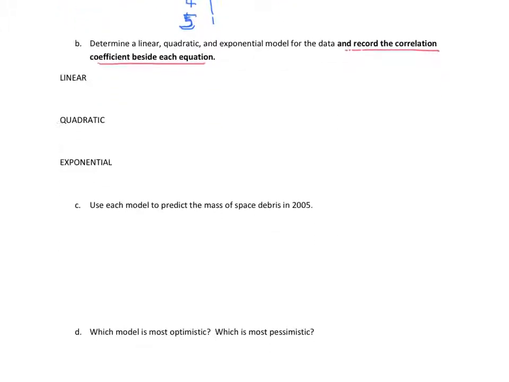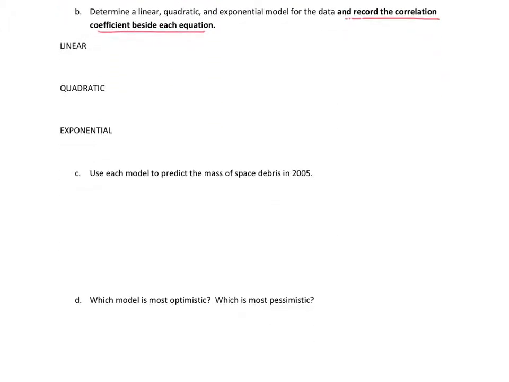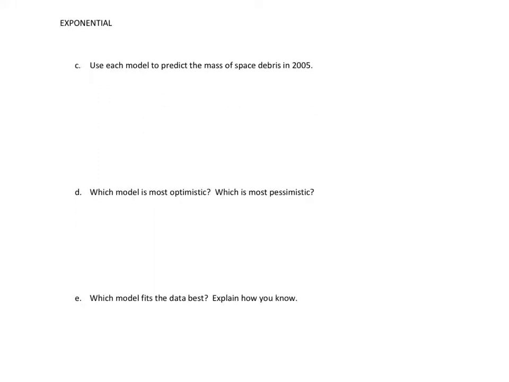Okay, once you have the equations, you are asked to answer 3 questions that follow, using the model. So using each model means use the equation. Okay, so once you have your equation, it says use each model to predict the mass of space debris in 2005.